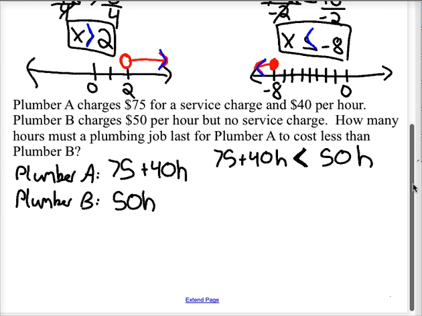All right, so I have my expressions written. Now I'm going to solve the inequality. So I notice I have my variable on both sides. So I'm going to subtract off that 40H to get my variable to one side.